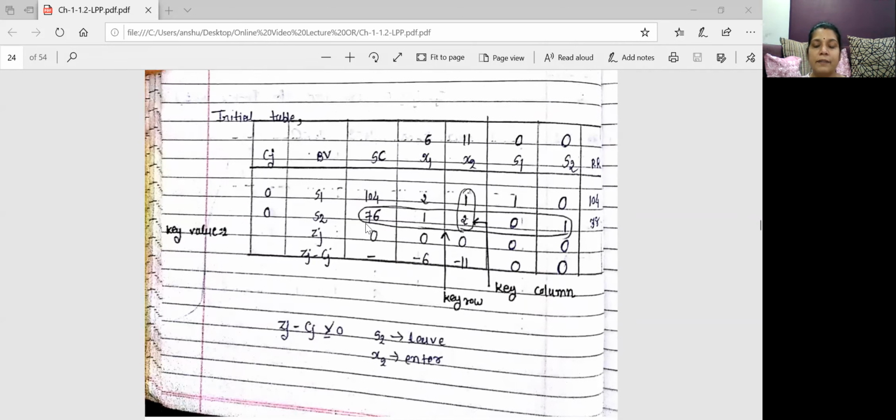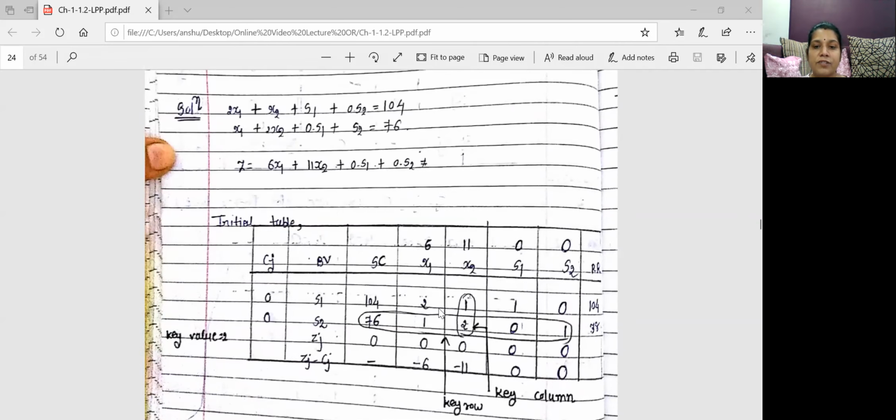So in the table, first we write our first constraint equation. We write the basic variable column. The basic variables are s1 and s2 according to our objective function. Then we write s1 s2, and what is the Cj? The Cj is the coefficient of s1 s2 in our objective function, so we write 0 0.